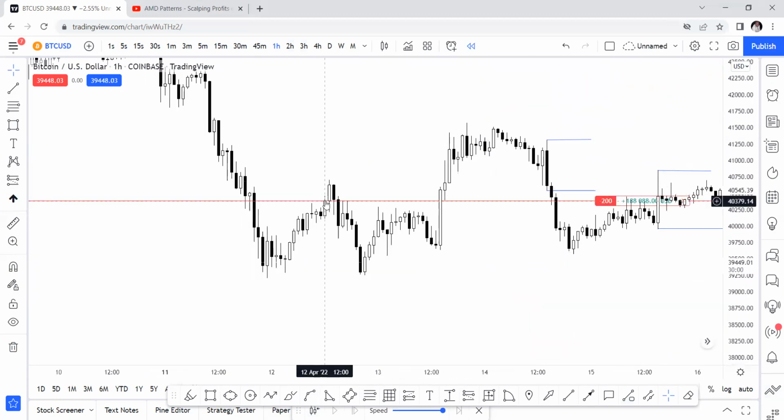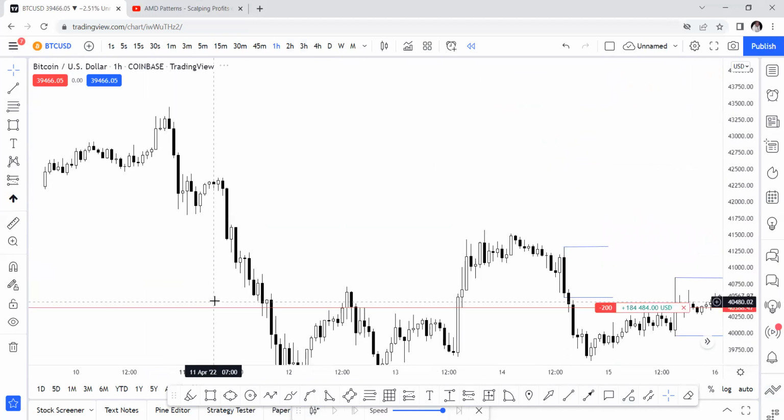That's what you need. This 12, this 13. Can you see that? A range. See a breakout, pull down. See 13, this 13. Can you see it?